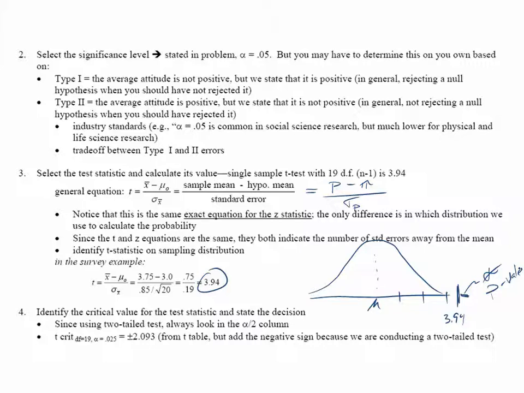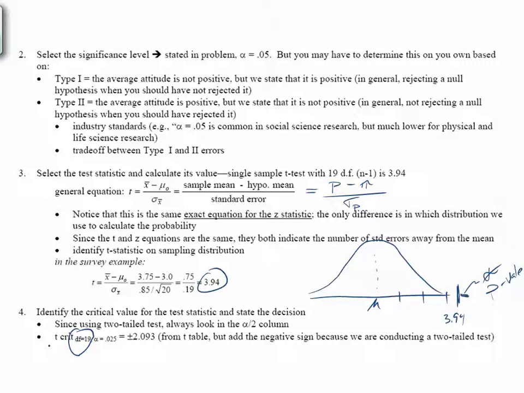Step 4, we need to identify the critical value for the test. This is done by going to the t-test tables, or the t-significant tables in the back of the book. I think it's the third table in. We would find on that table that the sample size is 20, so the degrees of freedom would be 19.